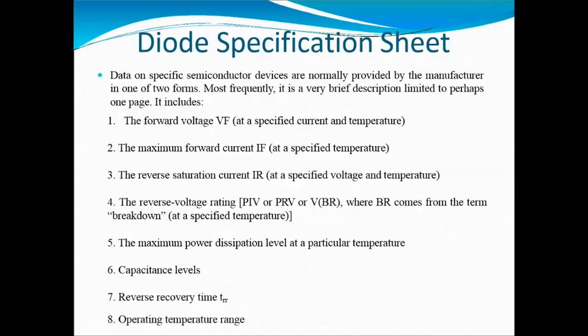Diode specification: data on a specific semiconductor device are normally provided by the manufacturer in one of two forms. Most frequently, it is a very brief description limited to perhaps one page.